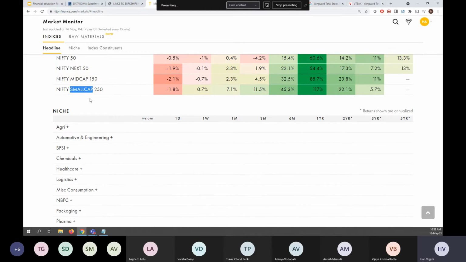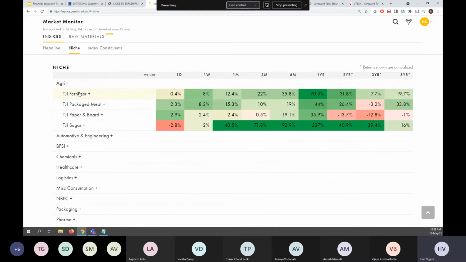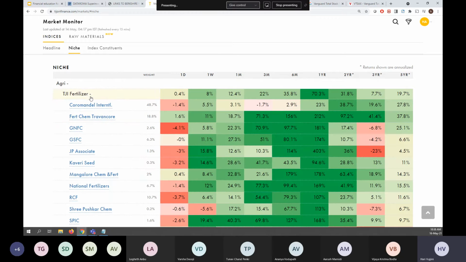Then these indices consist of all these different sectors. You see, this is the agriculture sector. If you expand the agriculture sector, you have fertilizers that are used for agriculture, meat, paper and board, and sugar. Under agri, we have fertilizer.